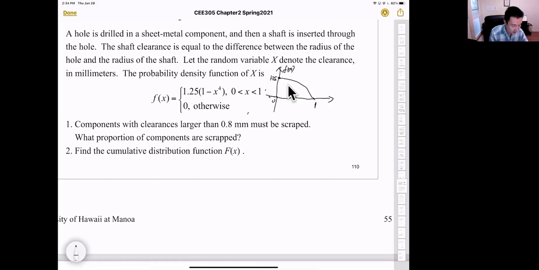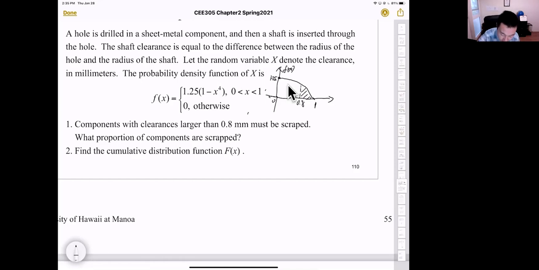Part A, a component with clearance larger than 0.8 millimeter must be scrapped. What proportion of components are scrapped? It's asking for the probability that the clearance is larger than 0.8. So actually, it's the area under this curve, the shaded area.